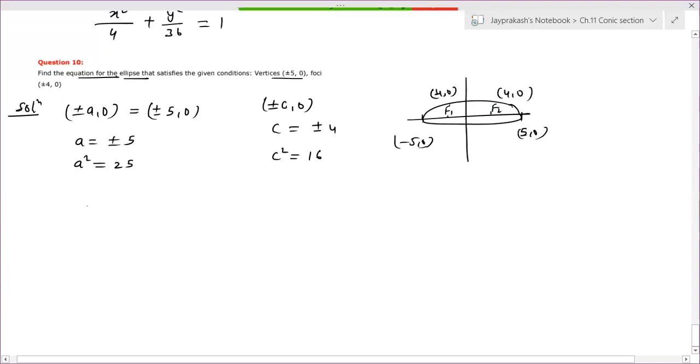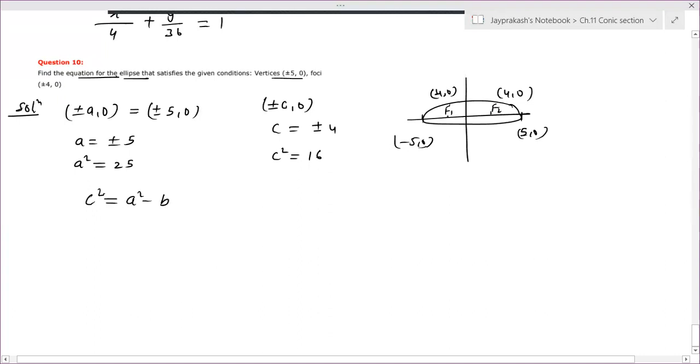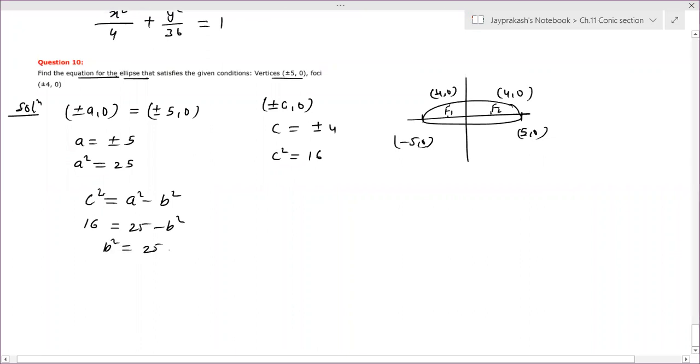Now we need to find b. There is a relation: c square is equal to a square minus b square. So c square is 16, a square is 25 minus b square. So b square is equal to 25 minus 16, that is 9. b is equal to plus minus 3.